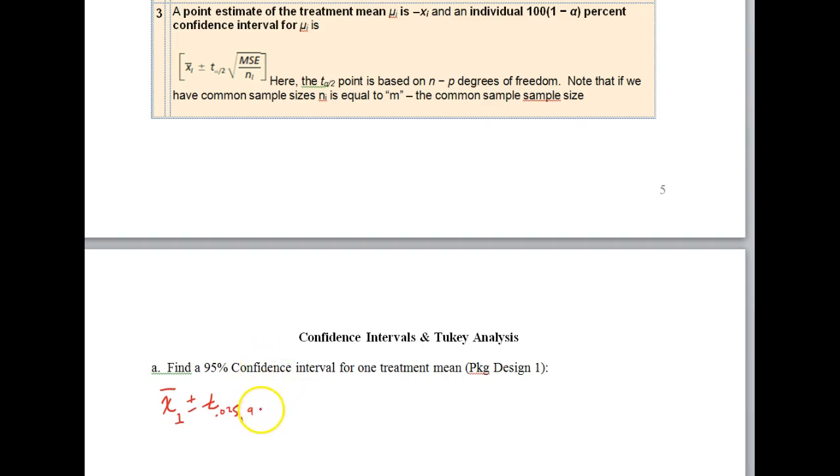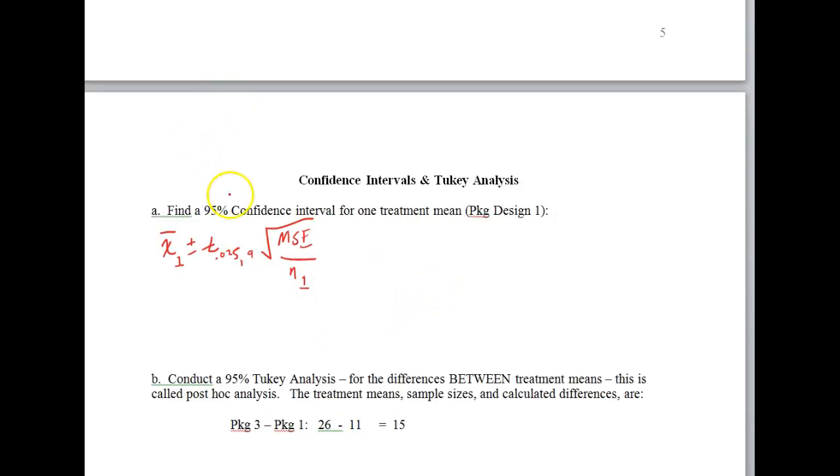And that is times the MSE divided by the number inside that treatment. So we'll just say n sub 1. Okay. So then this implies, what is our x sub 1? That was 11 plus or minus t of alpha half, which is 0.025, and 9.